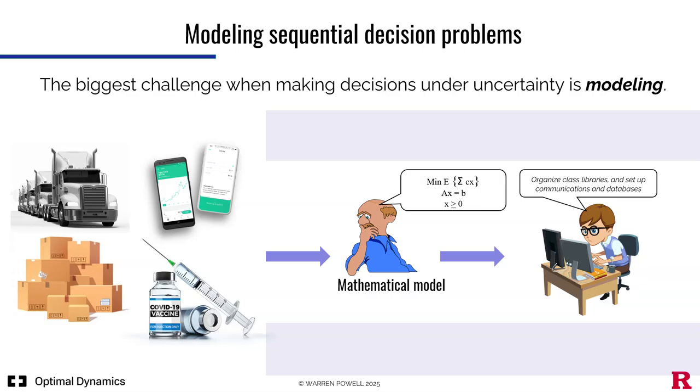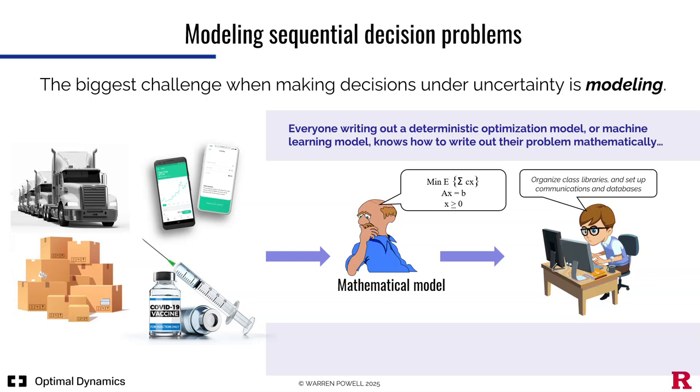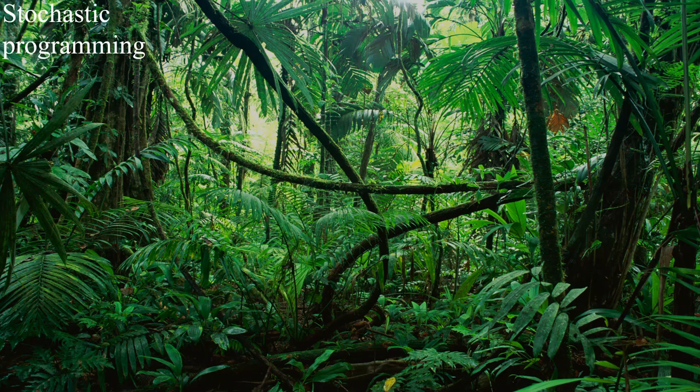Okay, so let's start. The biggest challenge when making decisions under uncertainty is modeling. Everyone writing out a deterministic optimization model or a machine learning model knows how to write their problem mathematically. Everybody who learns that material learns that in a course. But when we get to sequential decision problems, we lack a general framework.